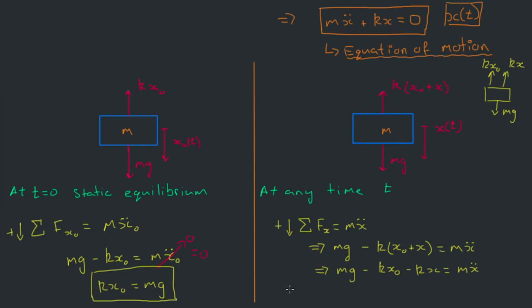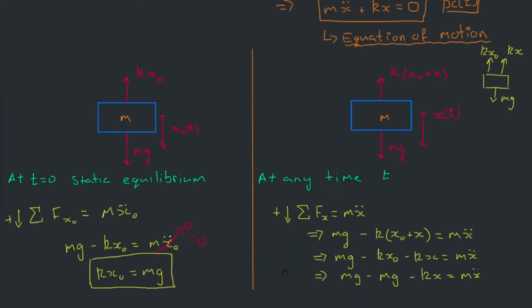So what we do is we just substitute in our mg. mg minus, now k x0 is equal to mg, so we have mg minus kx is equal to m x double dot.